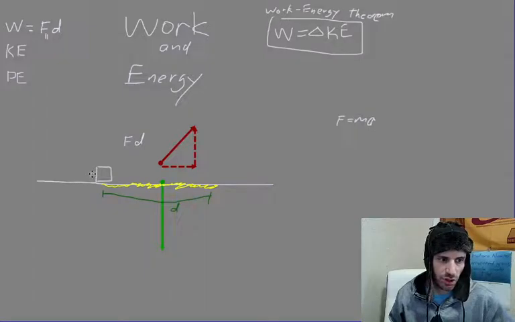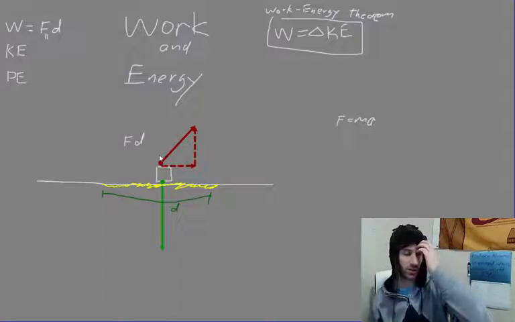So it's already in motion, and you're going to just apply a force in this upward and to the right direction, just getting it to maintain its velocity. Are you doing work? Well, are you applying a force that is in a direction parallel to the displacement? Yes, you are. And so yes, you are in fact doing work.